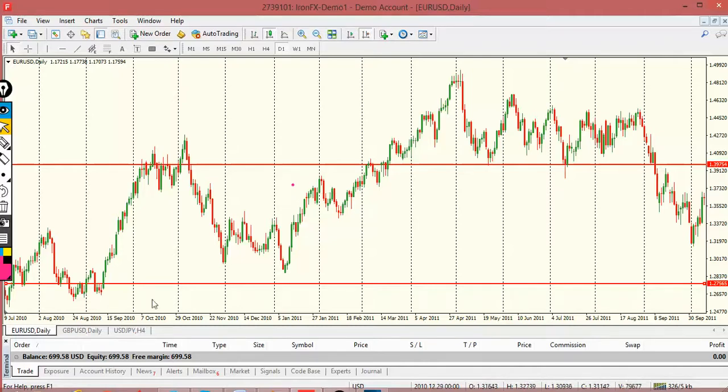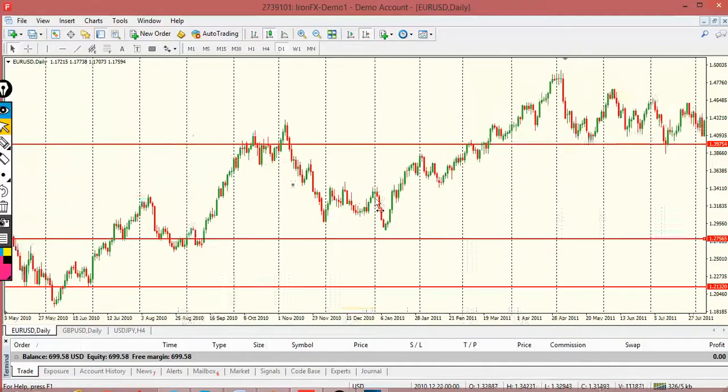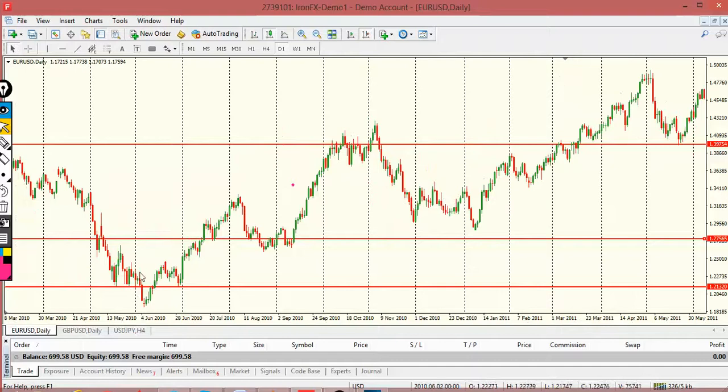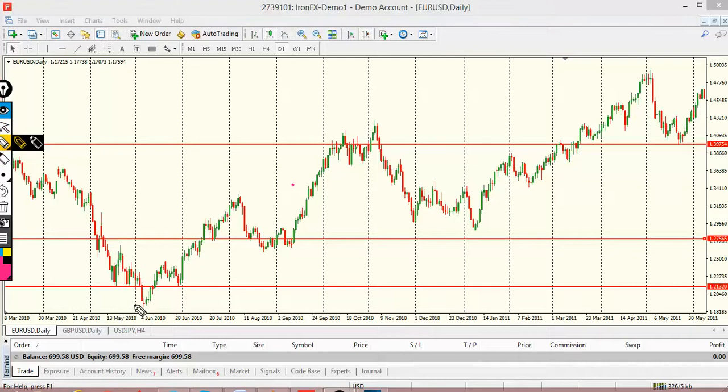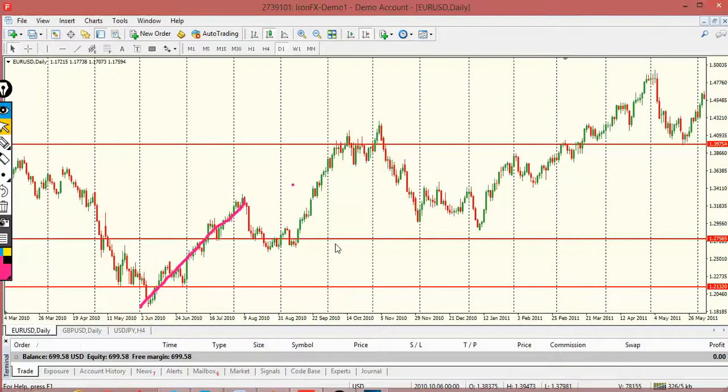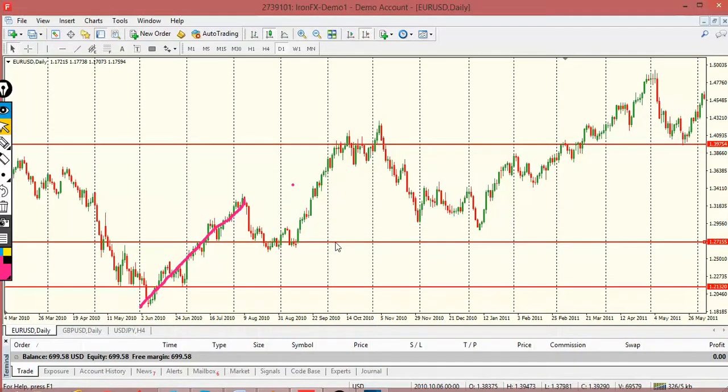Okay. So at this point, the market was here, came all over here. Moved all the way from here, came there, and this has to be adjusted a bit.